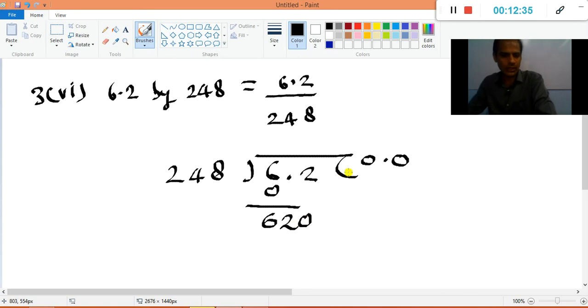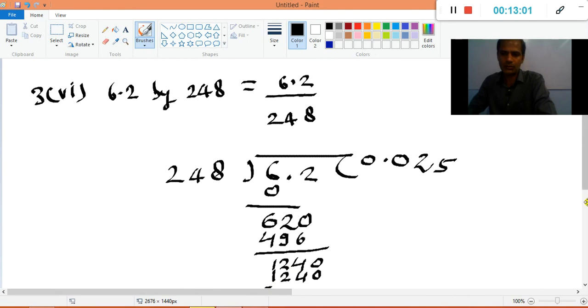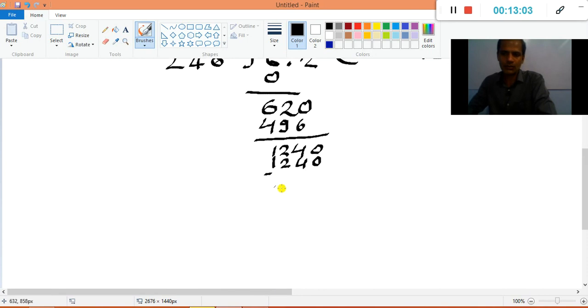So 248 2 ja 496. Okay, after subtraction we have 124. Now 124 is smaller than 248, so write one more 0. Okay, now it is divisible 5 times, write 5, write 1 2 4 0 and after subtraction we have 0.